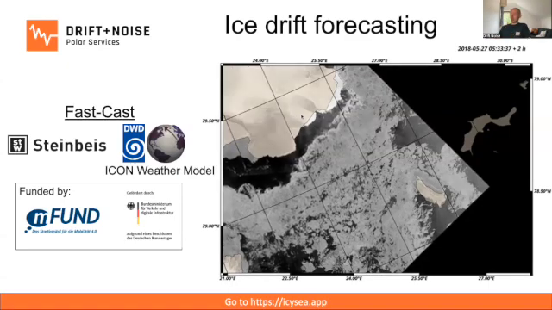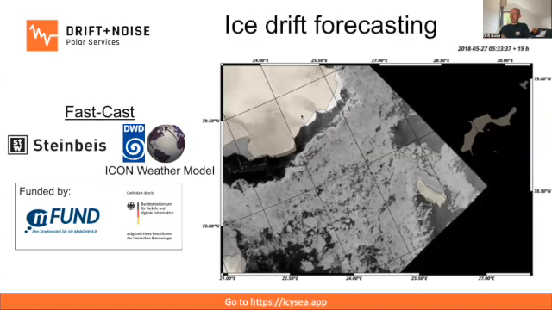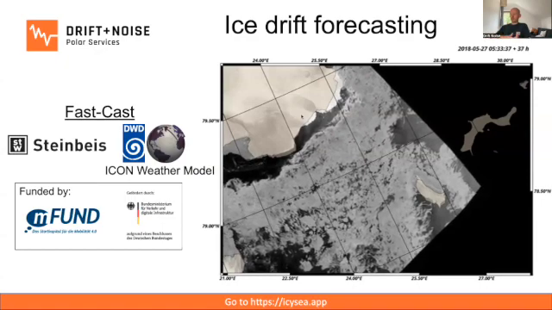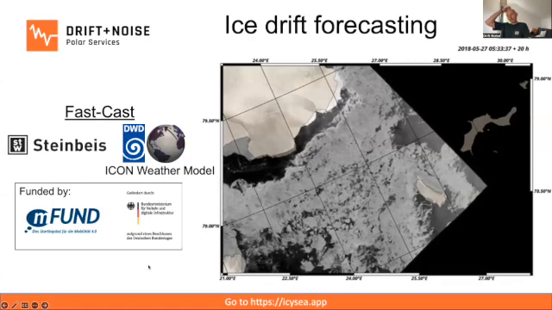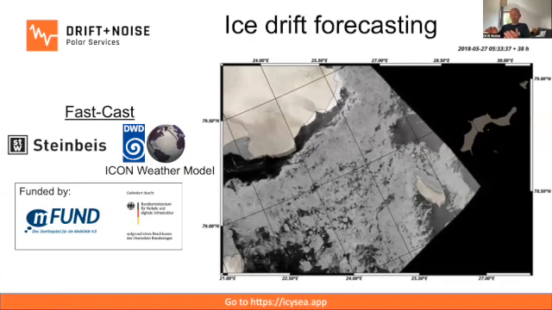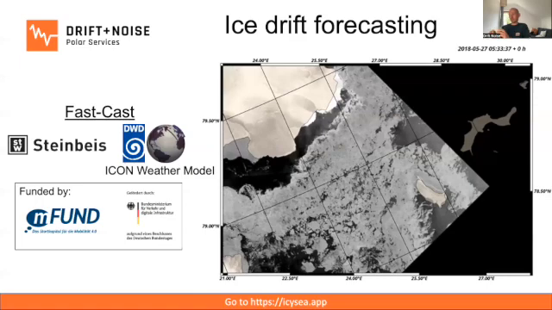So this project focuses on where the ice is moving within the next couple of hours. And we're still trying to figure out how to really display that in IcySea, so that you can see how the ice floes are moving, how the open water areas are changing. So this is an active project as well.